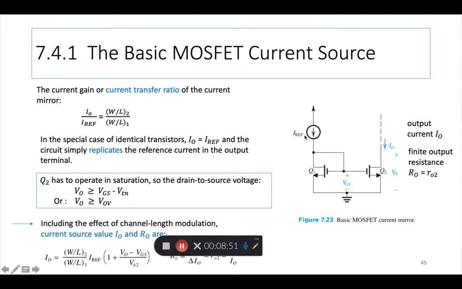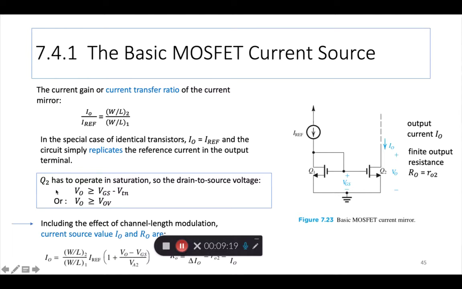We don't care; depending on the aspect ratios, this can be different. But when we say output current, or current from a current source, which we have said many times in the last few lectures, this is what it is and how it is defined.